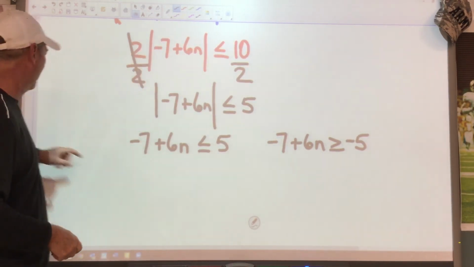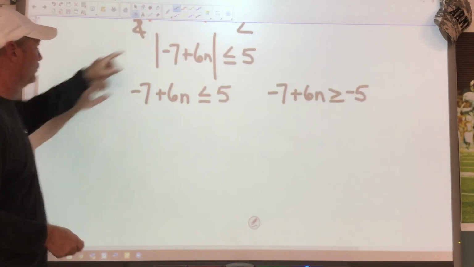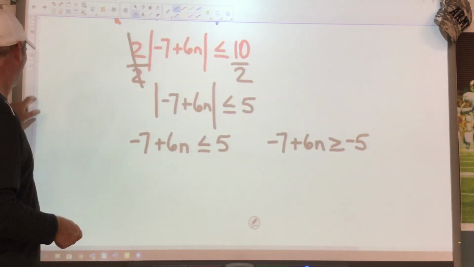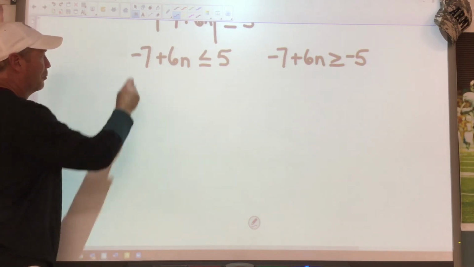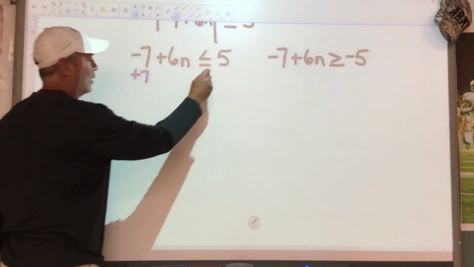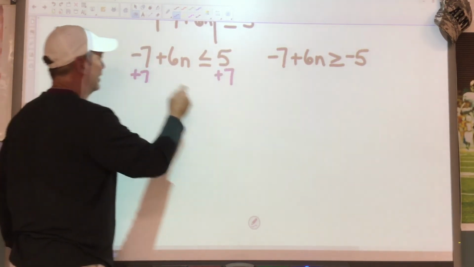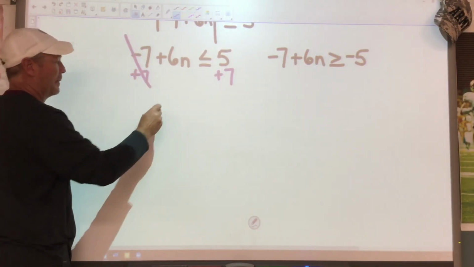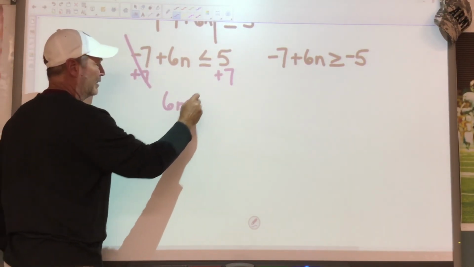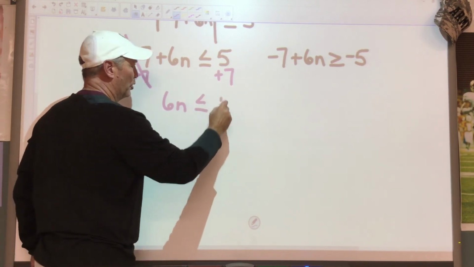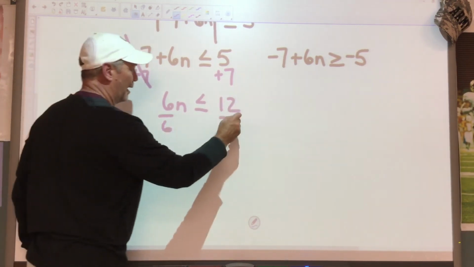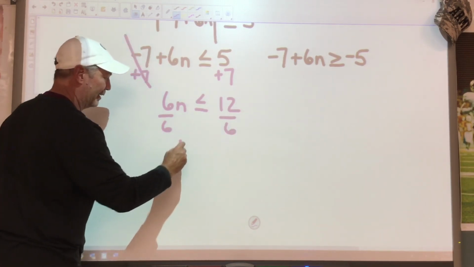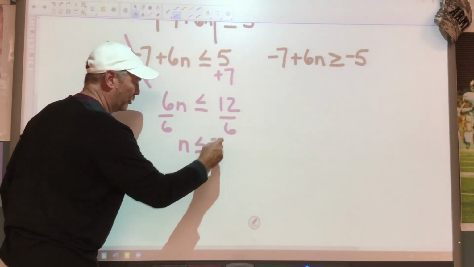Now we're going to solve these inequalities. We're going to do a little math. Plus 7. Plus 7. This will cancel. 6n is less than or equal to 12. Divide by 6. Divide by 6. N is less than or equal to 2.